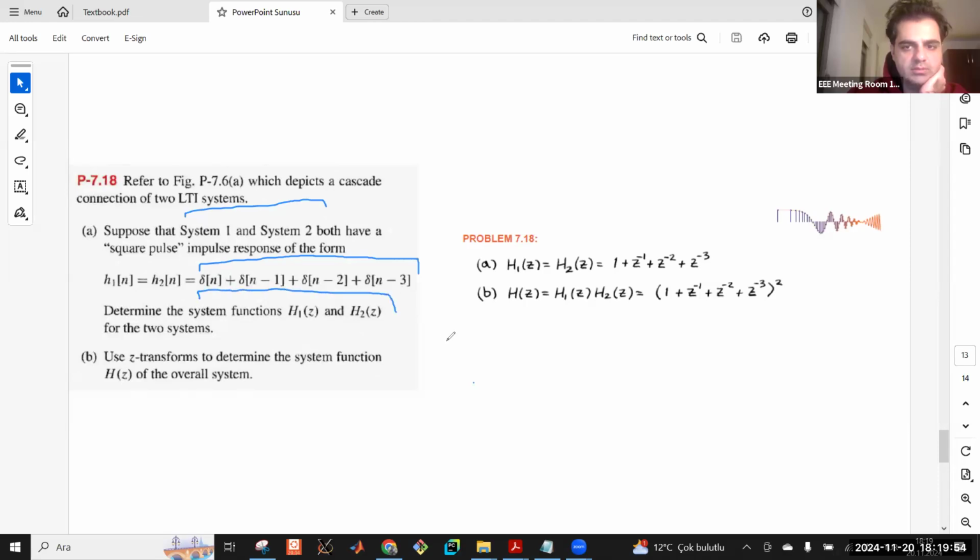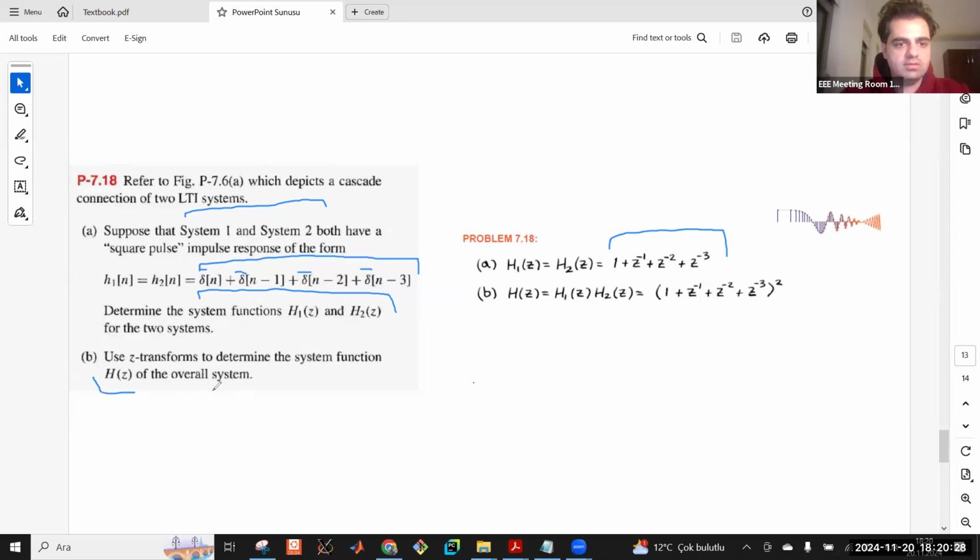So the impulse response, frequency response, and system function all have the same coefficients. The only difference is that the delay term in the impulse response becomes the exponent term in the frequency domain and Z domain. Therefore, by using the same coefficient values, we can find the system function of the two subsystems.